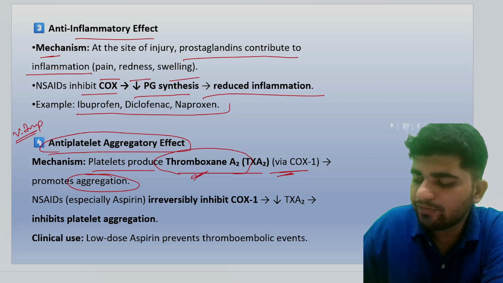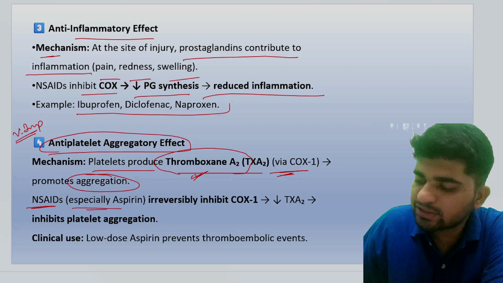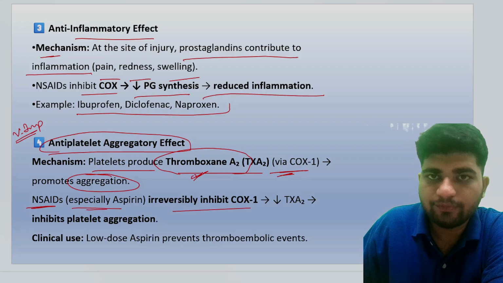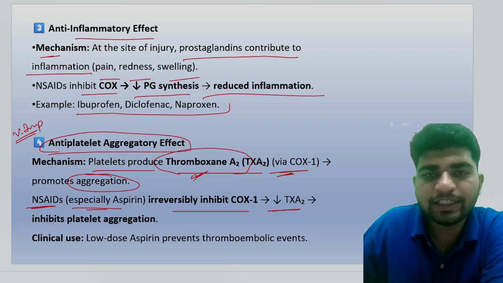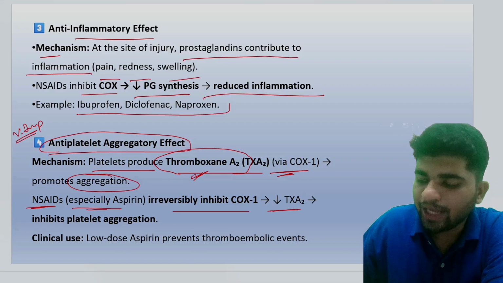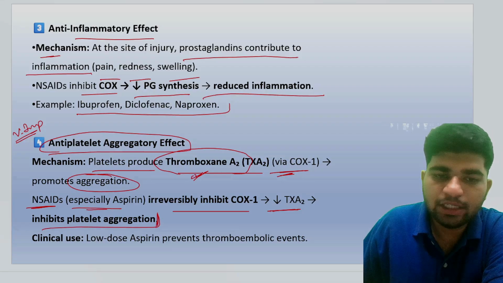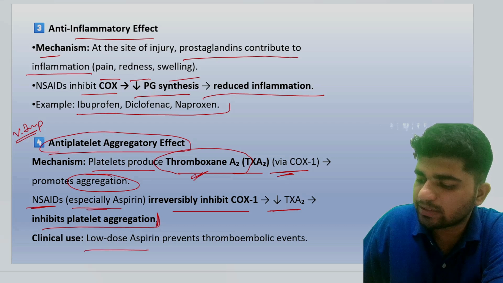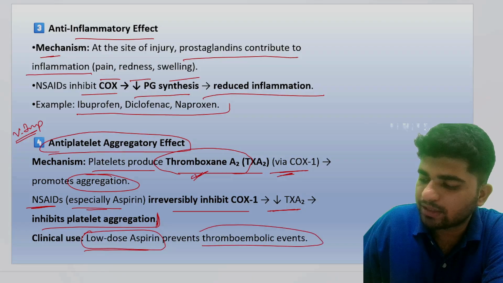Yes, and if we give NSAIDs, especially aspirin, it irreversibly binds to COX-1. And what will it do? It will decrease TXA2 synthesis, and that inhibits platelet aggregation. Clinical use, that is low dose of aspirin. This one is very important. Low dose of aspirin prevents thromboembolic events.